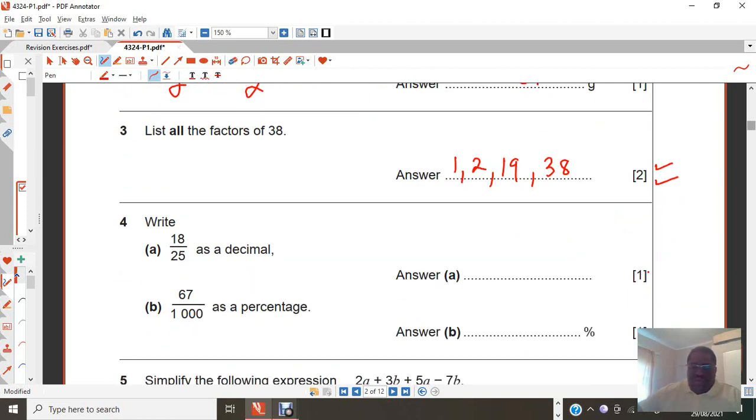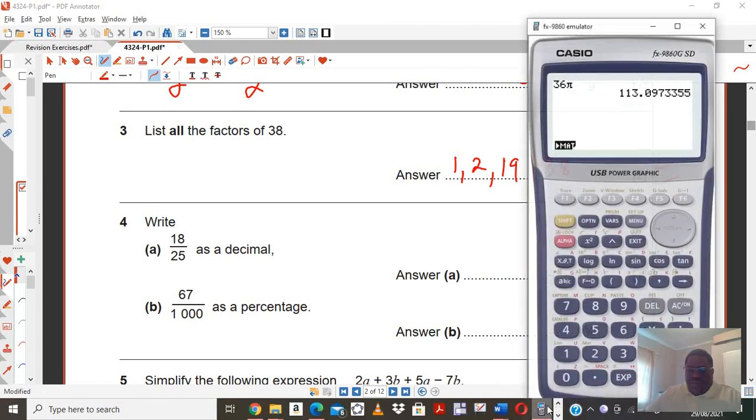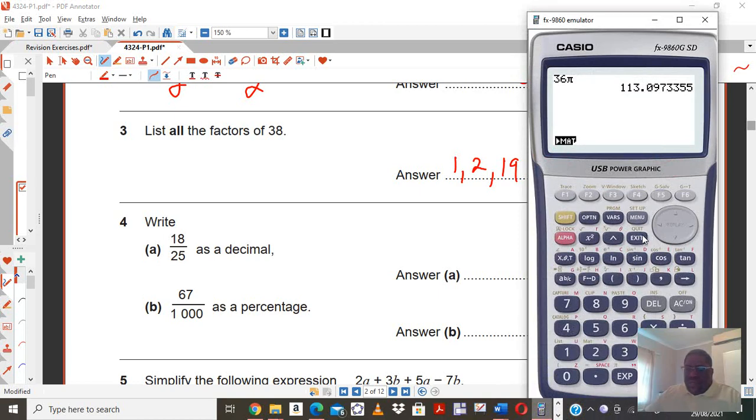Right, you can use your calculator to write this as a decimal. Well, this is a straightforward question. I don't expect you to have problems with this type of question. In the examination, just take out your calculator and say 18 divided by 25, and then you give the answer as a decimal.